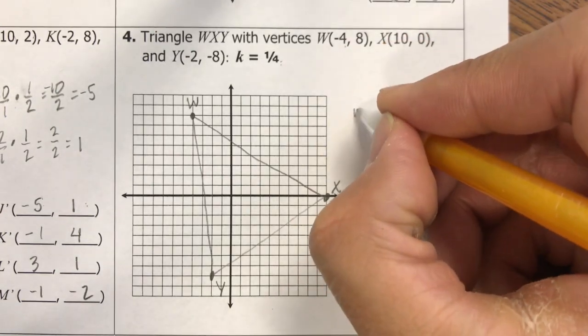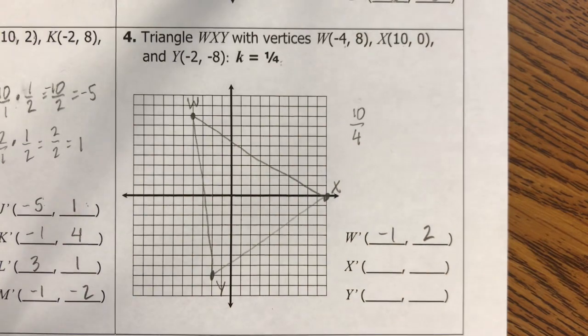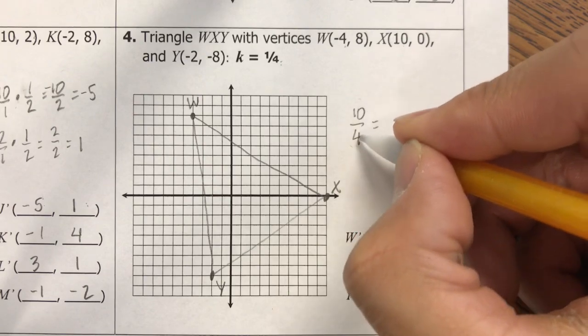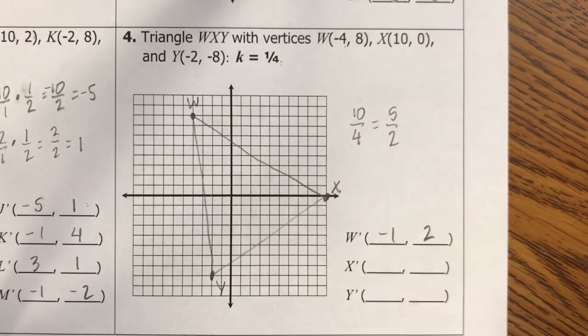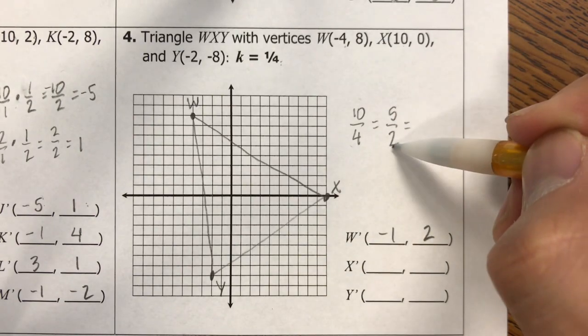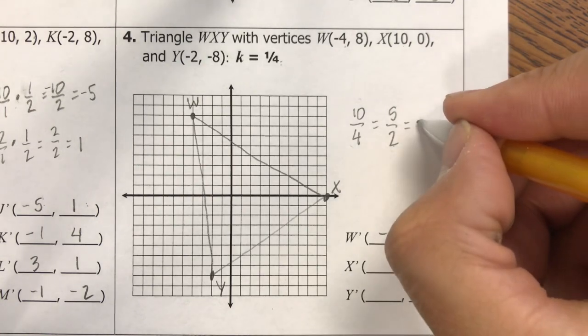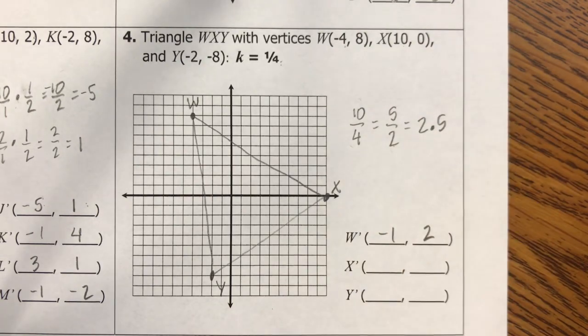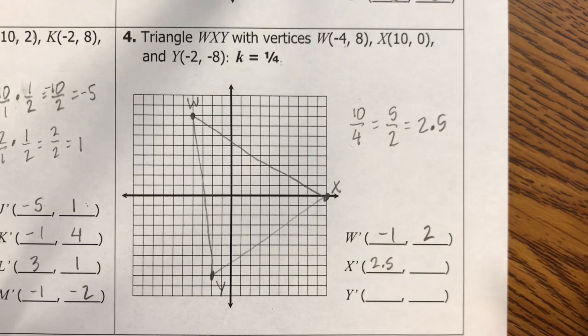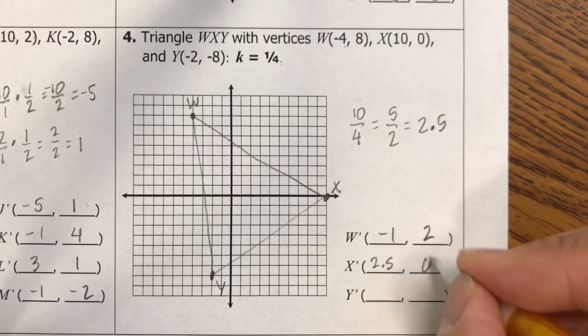And so 10 divided by 4 is this fraction. We can reduce this. So if we divide by 2, we would get 5 over 2. If we completely divide this, 5 divided by 2 is 2.5. And so x would be at 2.5. 0 divided by 4 is still 0.